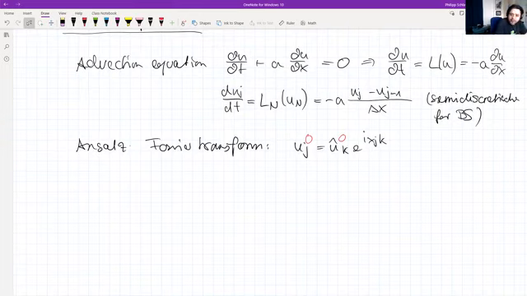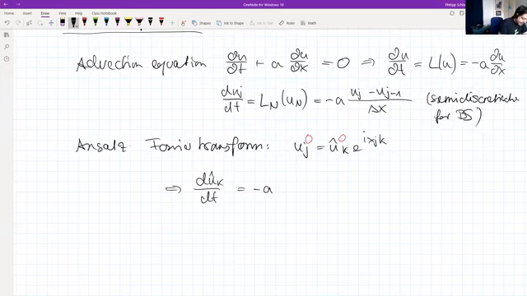Okay, but now I can plug this ansatz into my semi-discretization, and if I do that, I get du hat k dt is minus a divided by delta x times u hat k minus u hat k times e to the minus I delta x k.